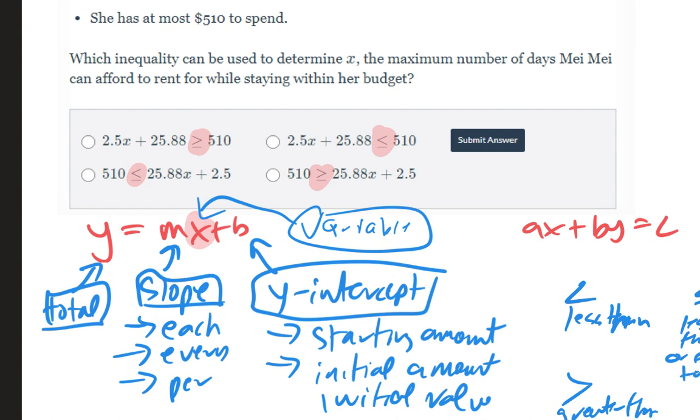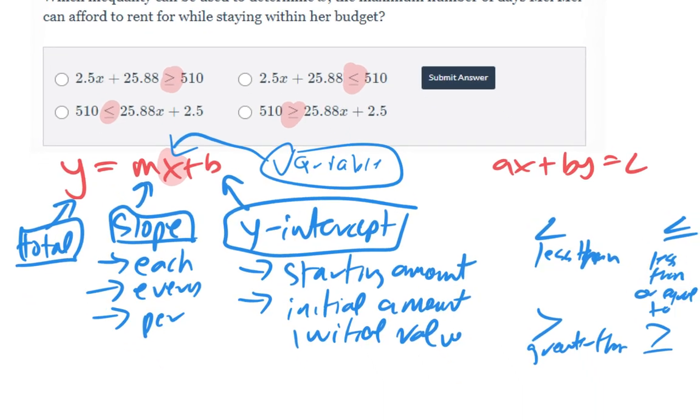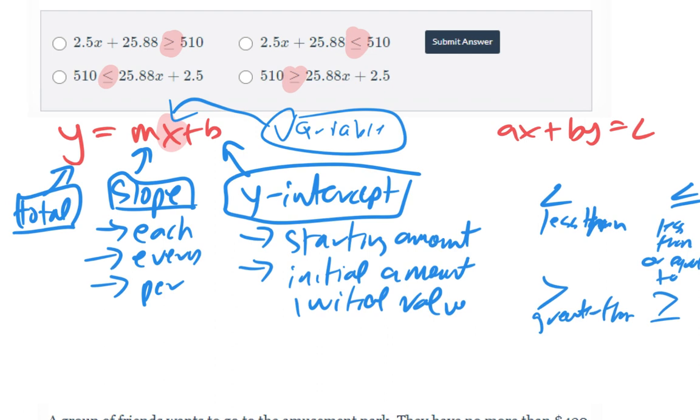If it goes to the right and has a line underneath it, it's going to be greater than or equal to. Especially on these, you have to remember it could be equal to it, so either one, not necessarily just greater than or less than. That's what they really want us to check on.